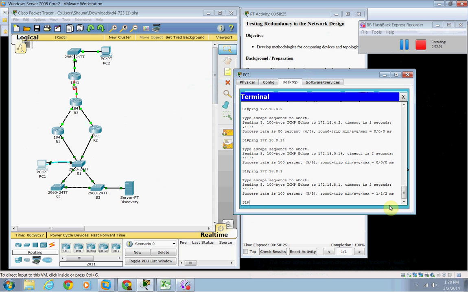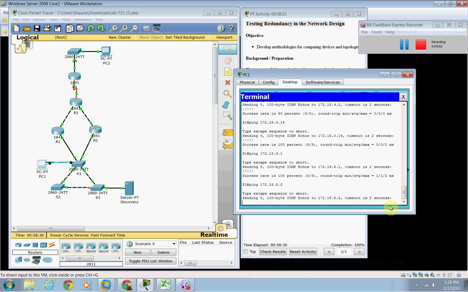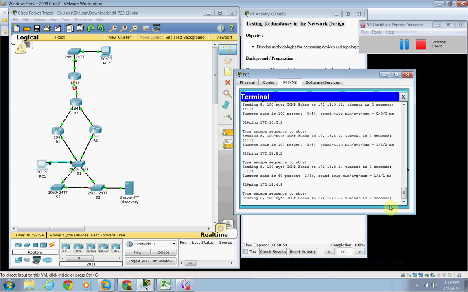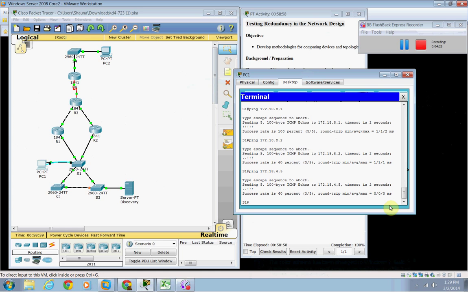We'll ping PC1 and switch 4. Switch 4 is 8.2. Switch 3 is 4.5. Okay.